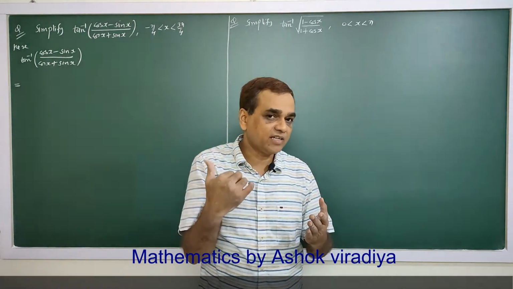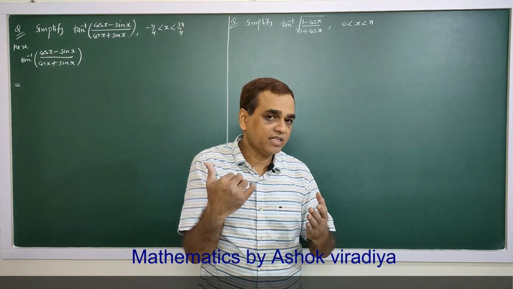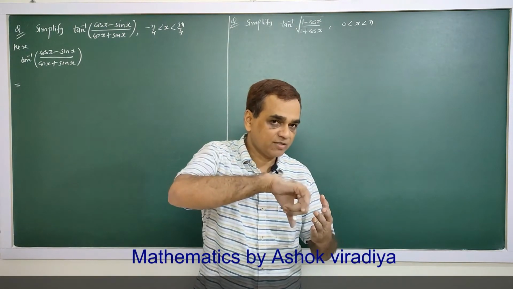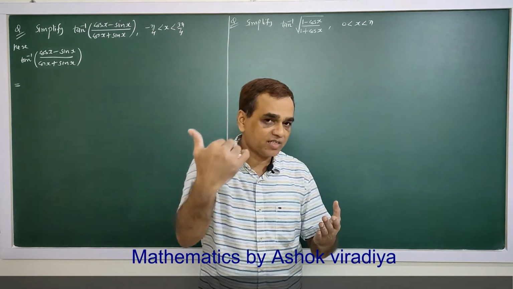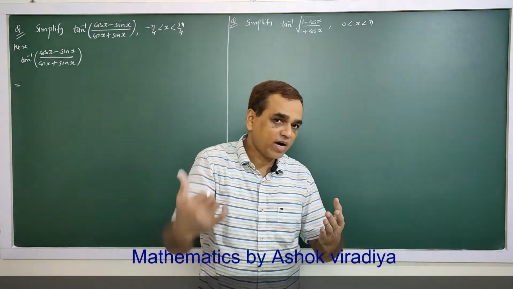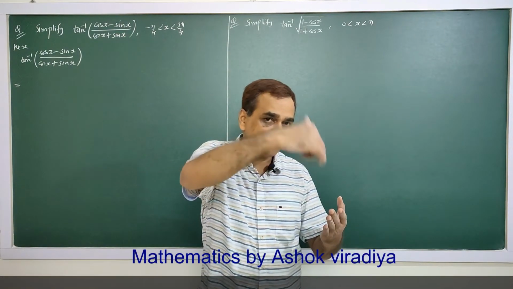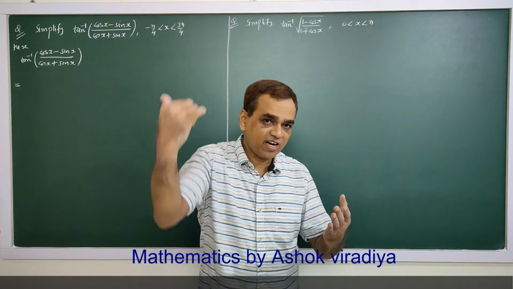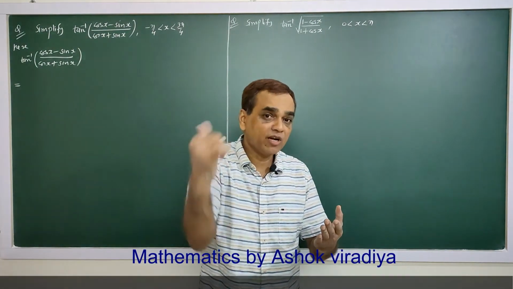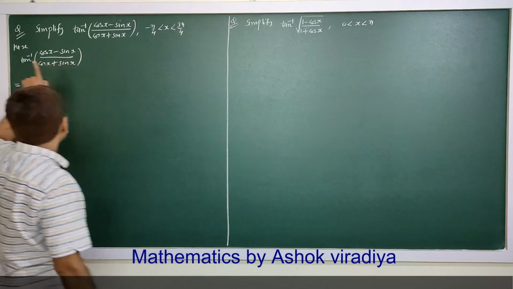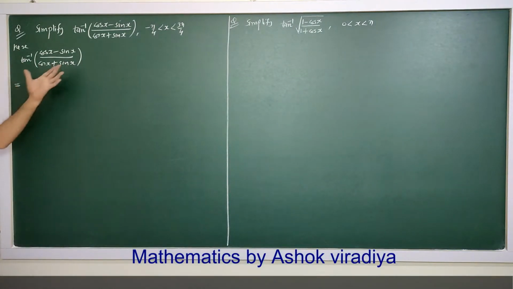If outside there is tan, inside we try to get tan inverse; if outside there is sec, we try to get sec inverse; if outside is cos, inside we try to get cos inverse. So here outside is tan inverse, so inside we want the tan function.